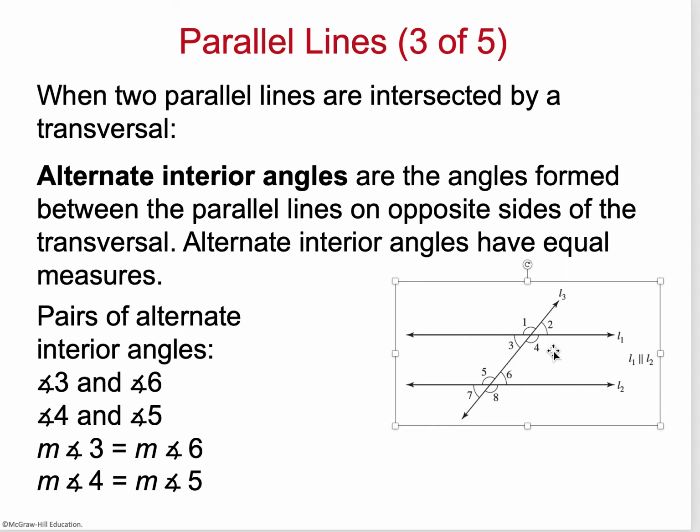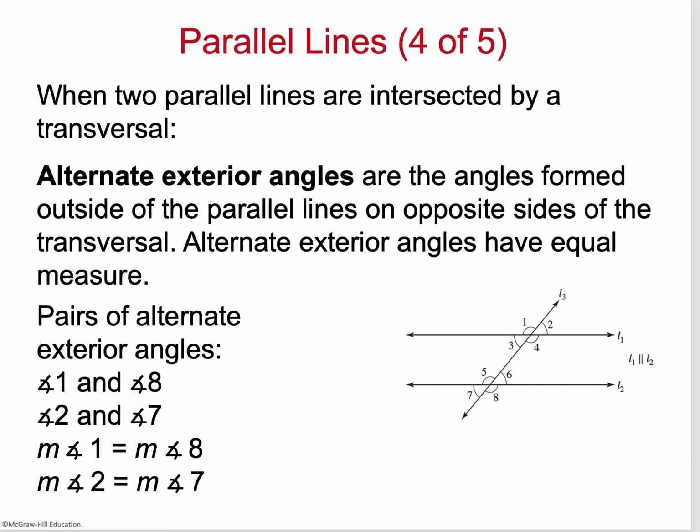They're also congruent. If I look at exterior angles, they have the same pattern. Alternate exterior angles would be angles that are outside of the parallel lines but on opposite sides, like 1 and 8, 2 and 7. So in this case, 1 and 8 are equal and 2 and 7 are also equal.